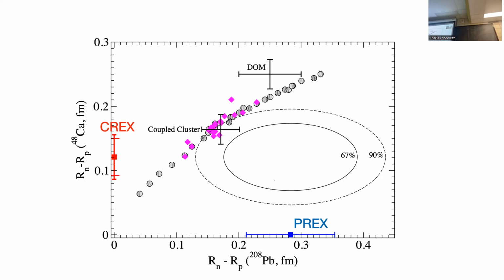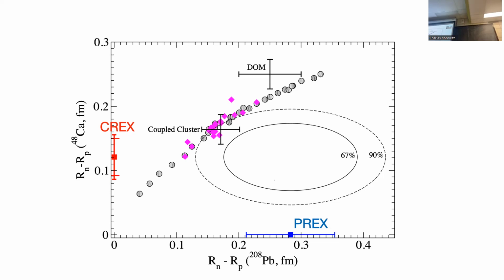DOM stands for, sorry, oh, this is Wim Dickhoff, the dispersive optical model. First of all, it was in very good agreement with PREX, but it then predicted a calcium-48 skin which is much bigger than what we measured.